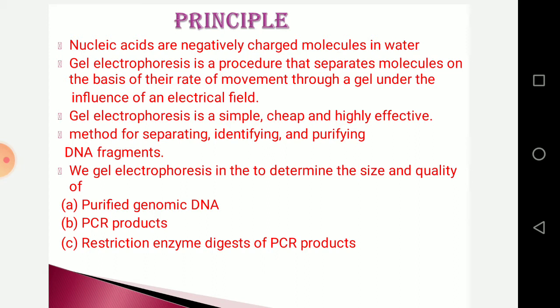So what we need to do, we need to fragment this DNA, and after fragmenting this DNA, we need to see which DNA fragment is larger, which DNA fragment is smaller. And to see this, we make use of gel electrophoresis technique.